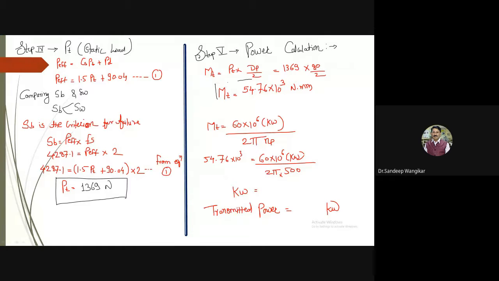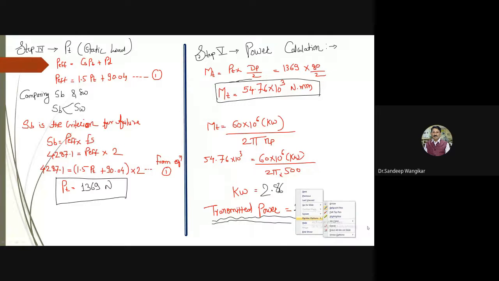Okay. Any other? Kilowatt is equal to 2.86. Any other answer? 2.86. This is your final answer for this case.